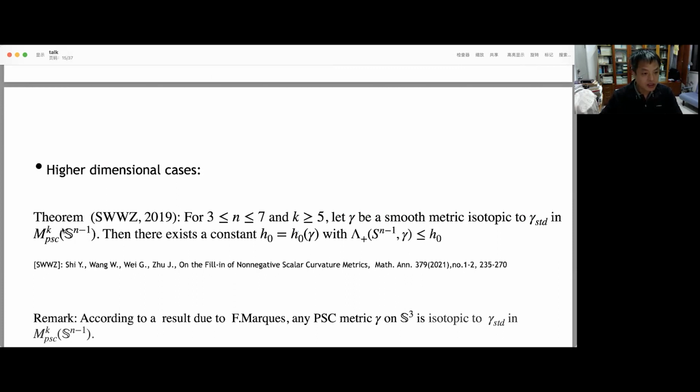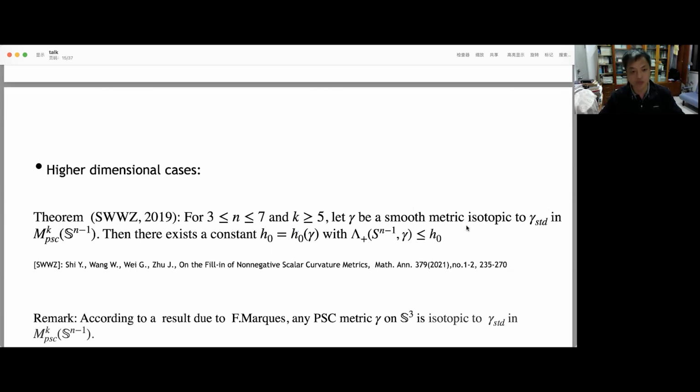Let this be denoted by a C^k smooth set of metrics with positive scalar curvature on the unit sphere, and so the standard unit sphere metric lambda is in this set. Let gamma be any metric in this set, and we assume there is a smooth path in this set joining gamma and the unit sphere metric, which is called isotopic to the standard sphere metric.